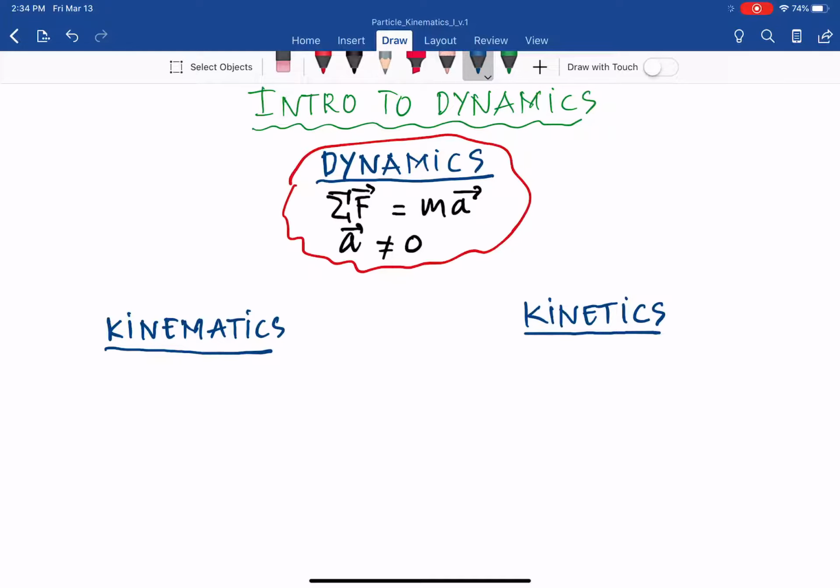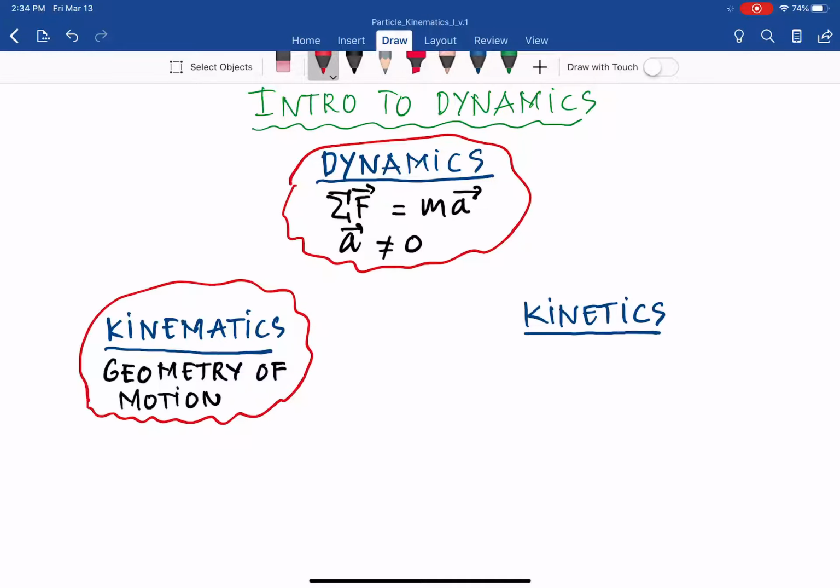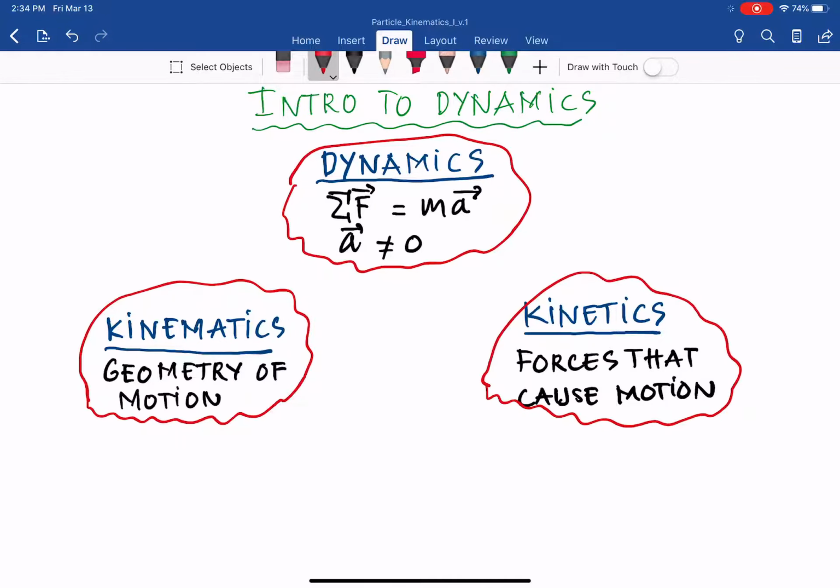In kinematics, we study the geometry of the motion, not the forces. And in kinetics, we study forces that cause motion. So that's the difference between kinematics and kinetics.